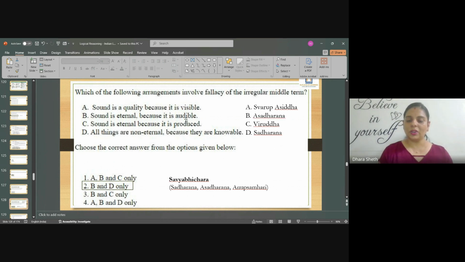Sound is eternal because it is audible. That is Asadharan, because audible is only sound. We can't go and compare. All things are knowable. How do we go and compare what is eternal, non-eternal? It includes everything. Okay.